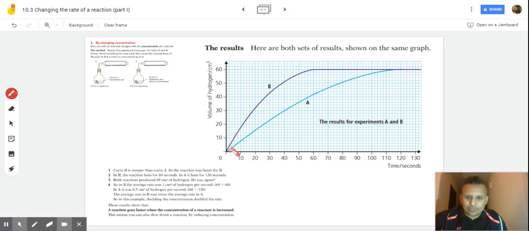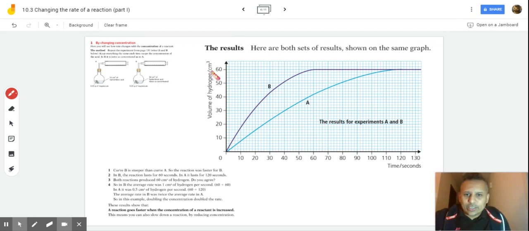Now, basically what happened was, this is actually a plot. You've got the volume of hydrogen on the y-axis, that's what's being measured, and you've got the time in seconds, that's just passing along, at the bottom over here, okay? If we were trying to figure out the rate of a chemical reaction, the rate of reaction is equal to the change in the amount of product divided by time.